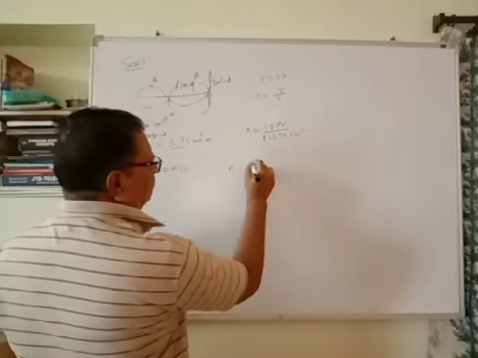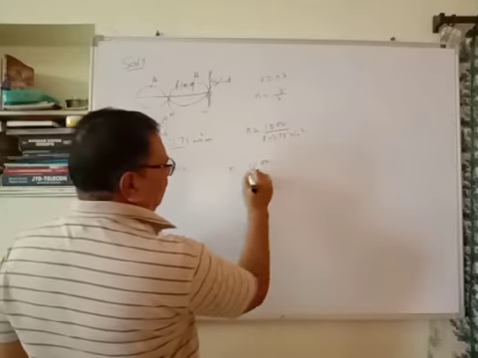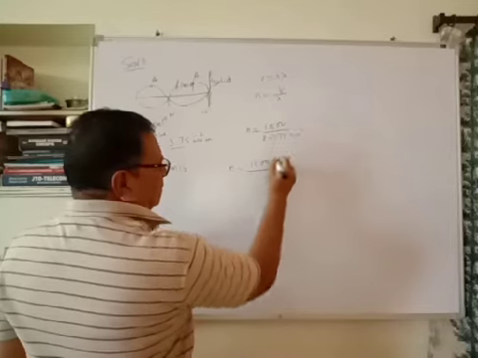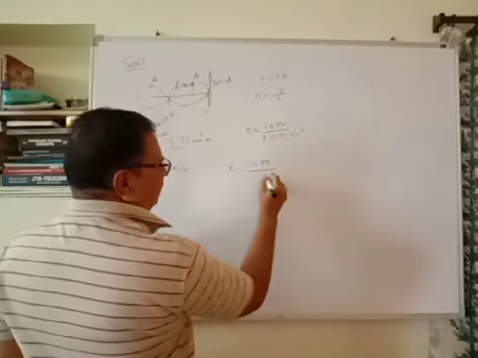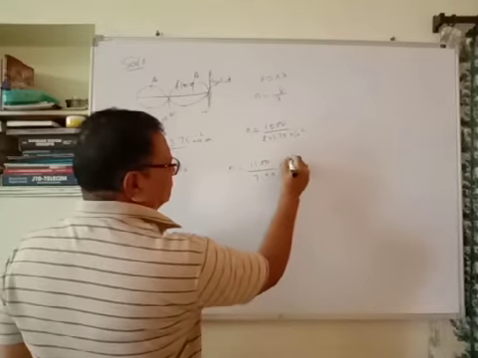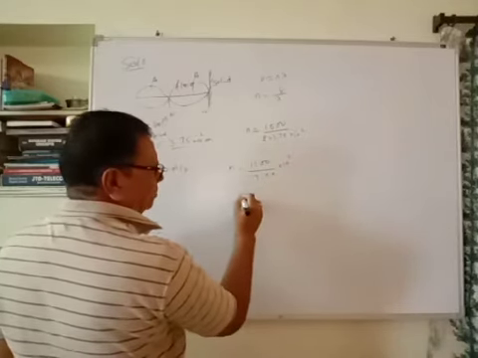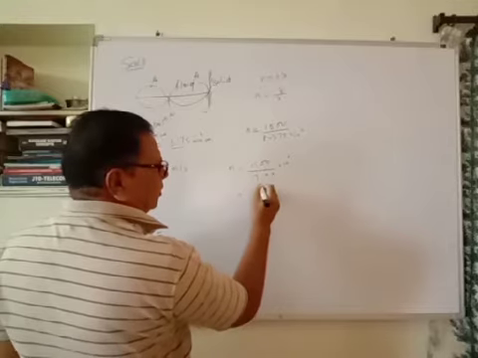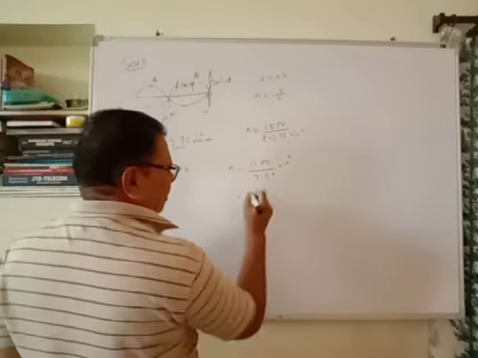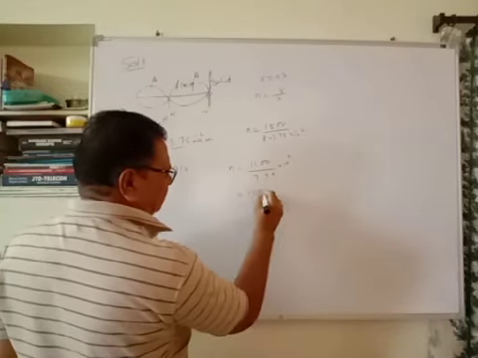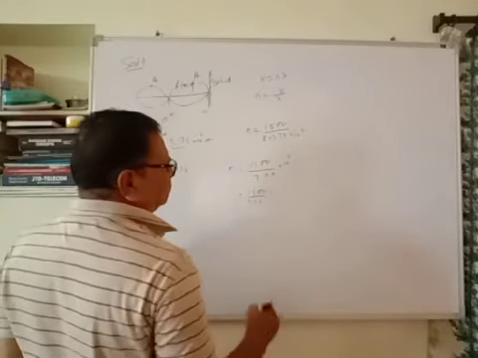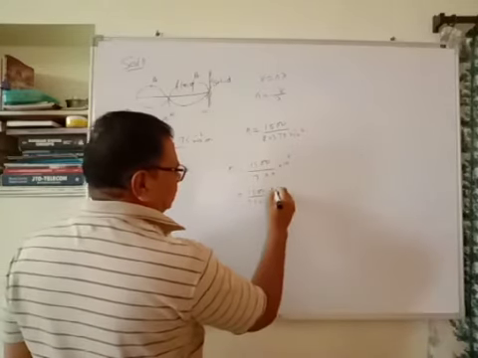Or n is equal to 1500 divided by, multiplying by 2, we will get 7.5 into 10 to the power minus 2, or 1500 divided by 7.5, or 1500 divided by 750 into 10 to the power 2.